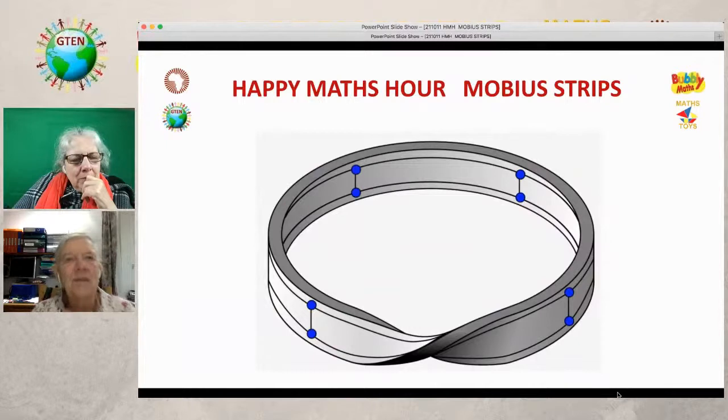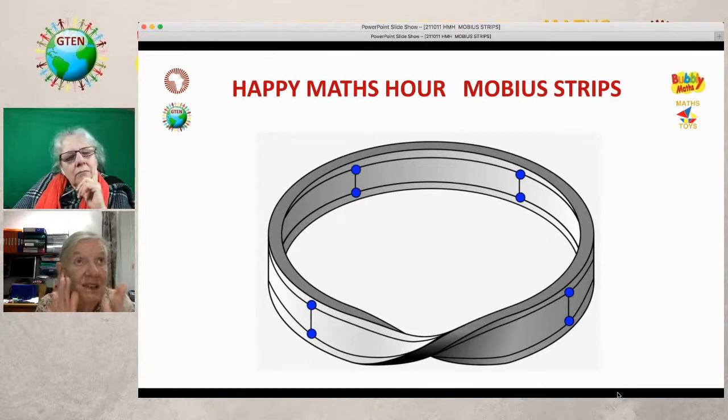So here's a Mobius strip, and you can see there's a half twist in it. Like the first strip that we showed for the ant, and like the one I showed with my little ladybird on it, there really aren't two faces to that, because you can go all the way around and keep on going.